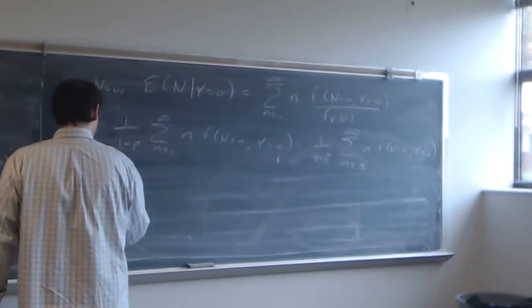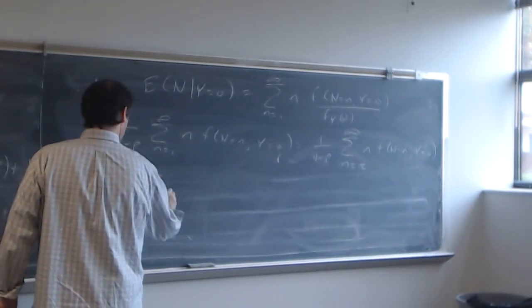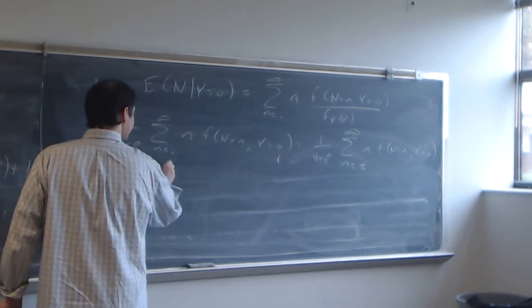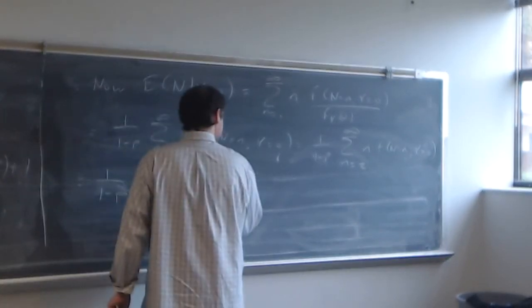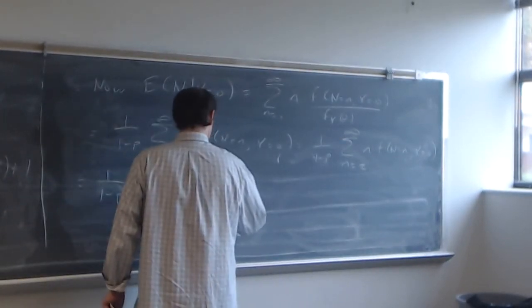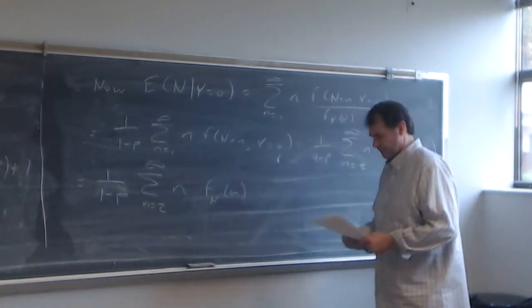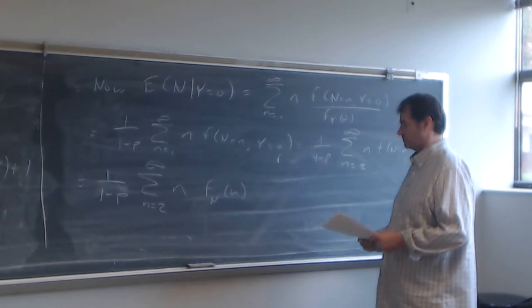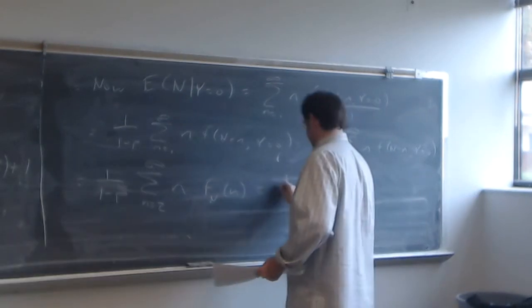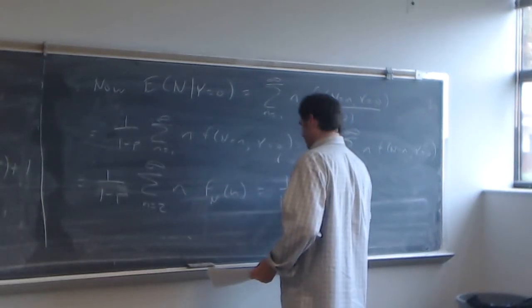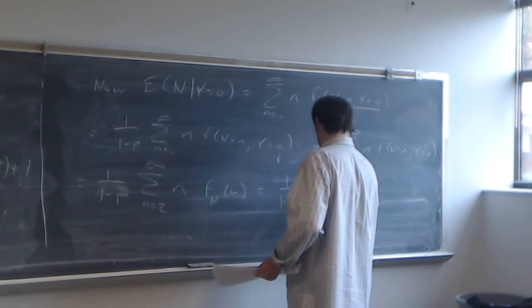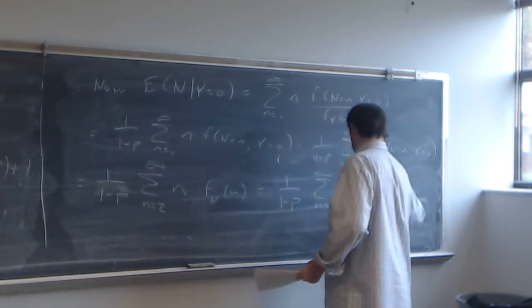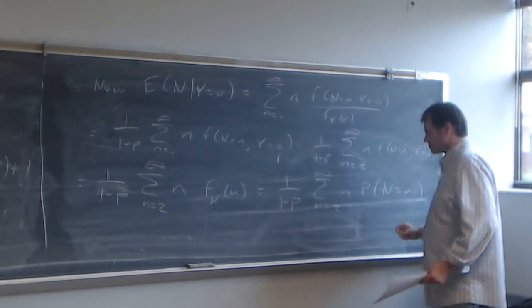So this is equal to 1 over 1 minus p, sum as n runs from 2 to infinity, of n times f sub N of n. That's the way I can write it. Okay, now that's the probability that N is equal to n. So 1 over 1 minus p, sum n runs from 2 to infinity, n times the probability big N equals little n.